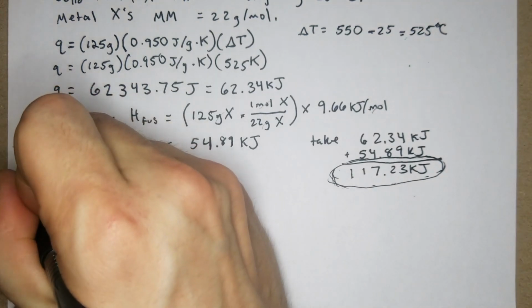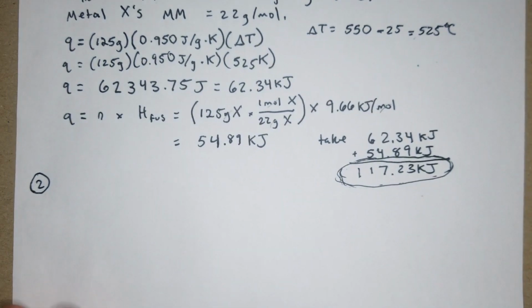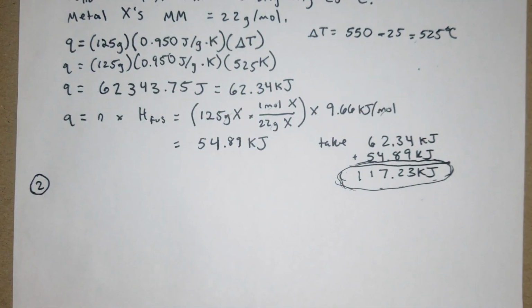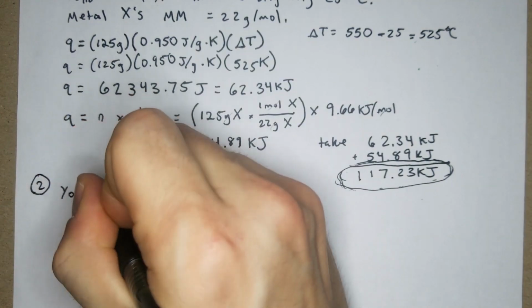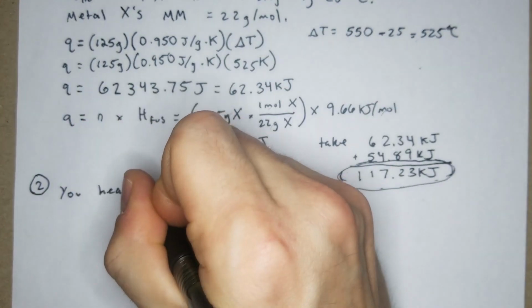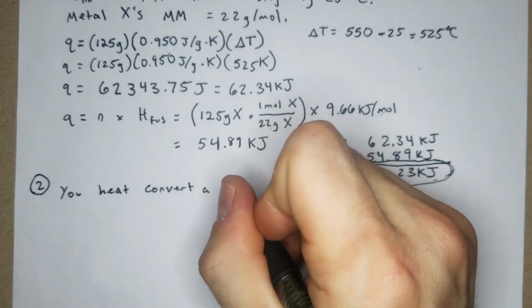Now we're going to go into one more problem, which is not the most difficult possible problem because of the units and everything like that, but it's probably the most work you'll have to do. As far as a stepwise problem goes, this is going to be the most steps.